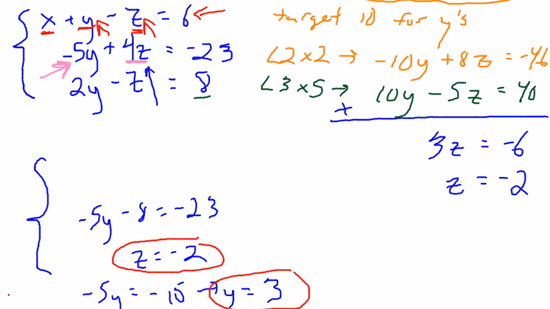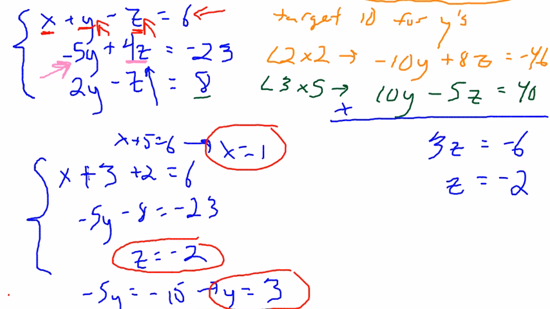I get x plus 3, then minus a negative, so plus 3, and z is -2, so minus a -2 gives me plus 2, and that's equal to 6. This is equivalent to x plus 5 equals 6, which means x is 1. Circle it in red.